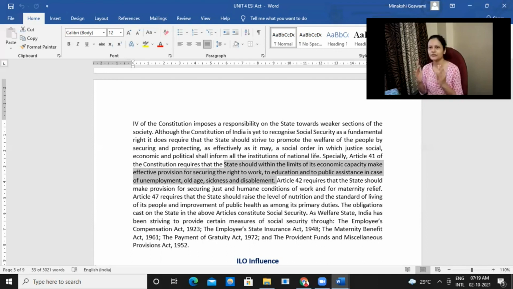So based on how many resources the state has, they should decide or plan out their social security measures. Accordingly, it will be provided.